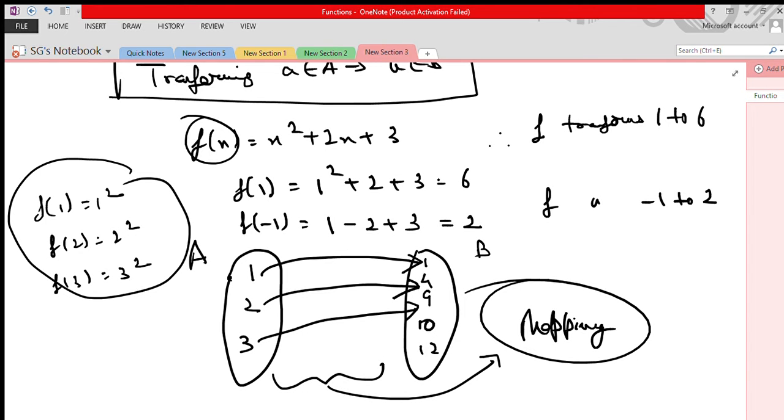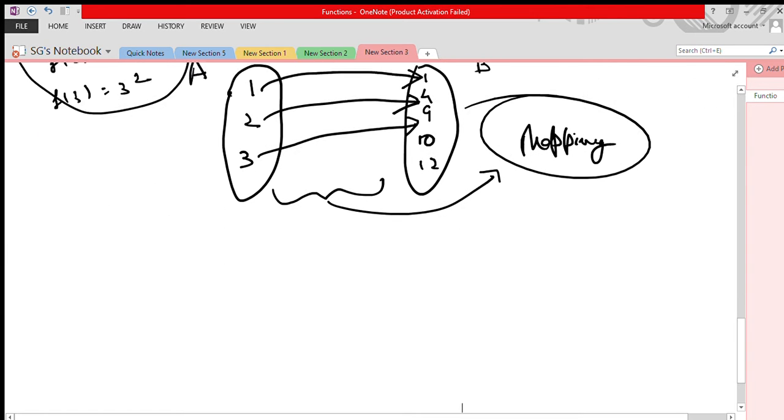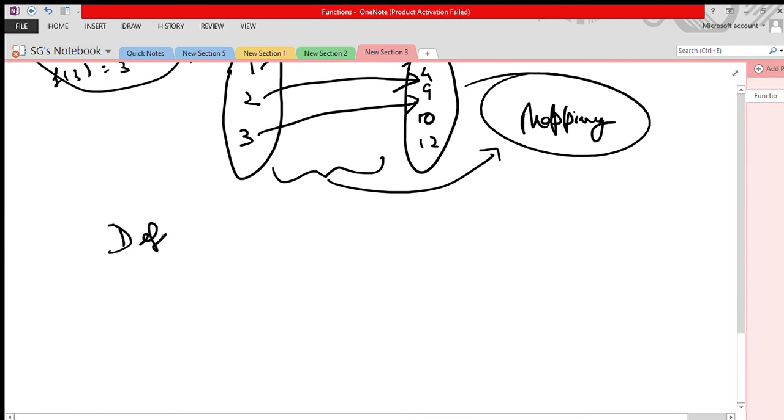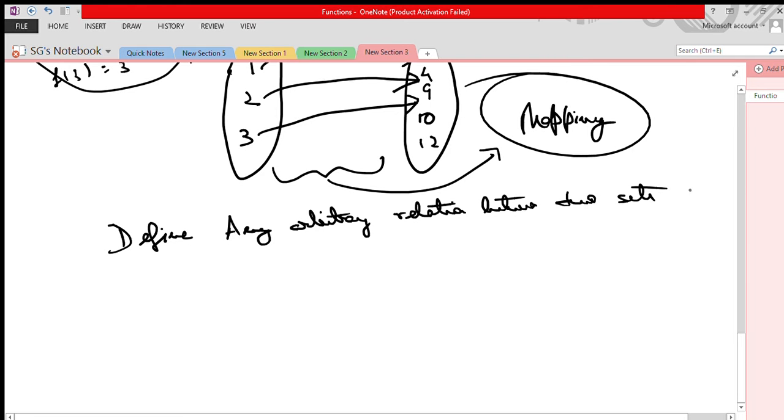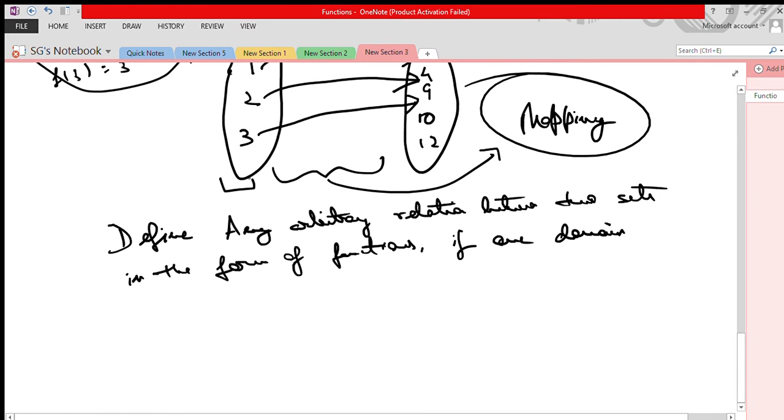So what we actually do is that we can define any arbitrary relation between two sets in the form of functions if one domain value has a unique output.